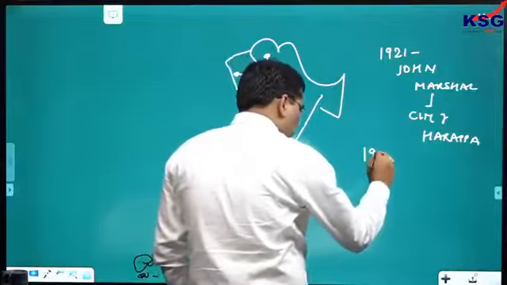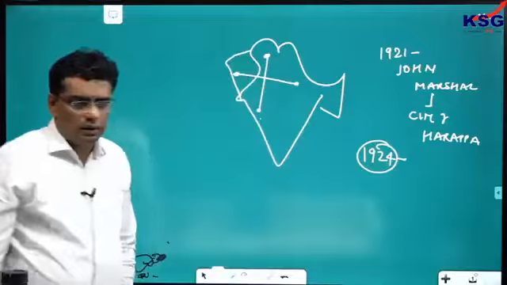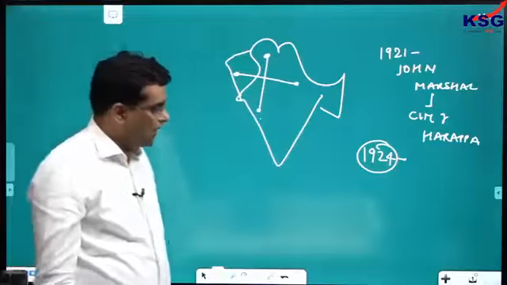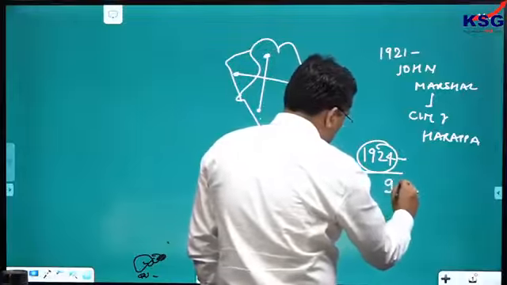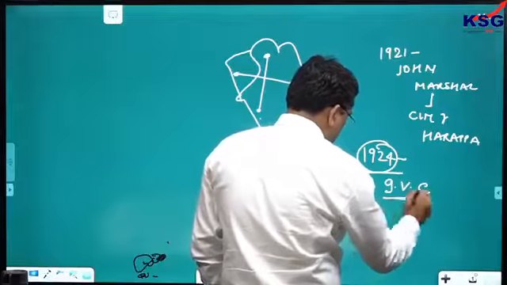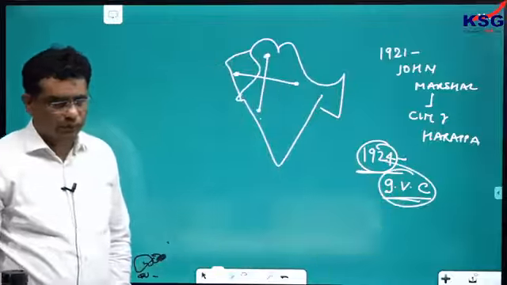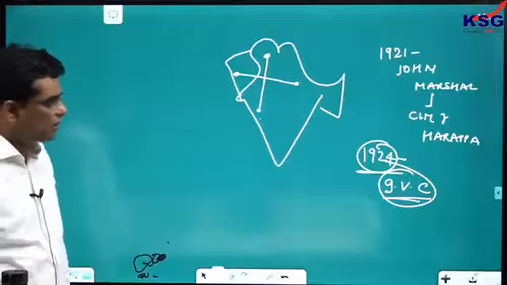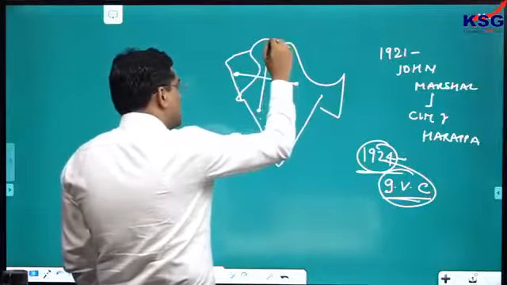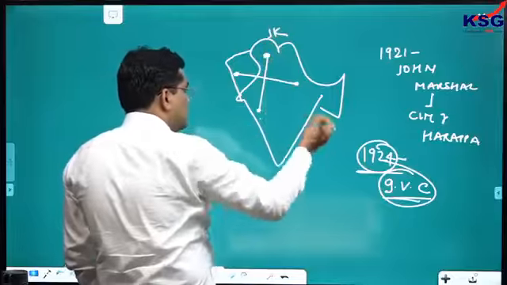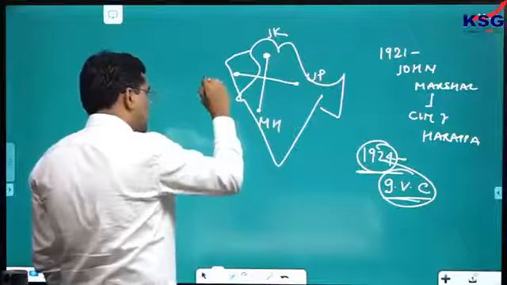And in 1924, in the Illustrated Weekly of London Times, he published and used the word Indus Valley Civilization. So he used the word Indus Valley Civilization in 1924 in his journal.